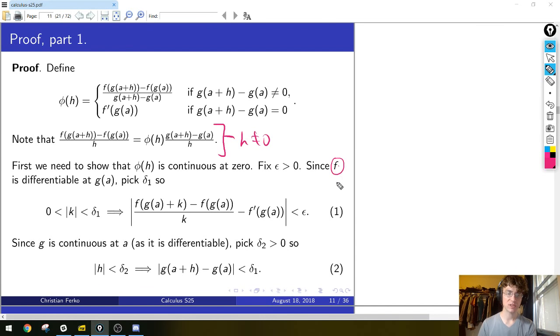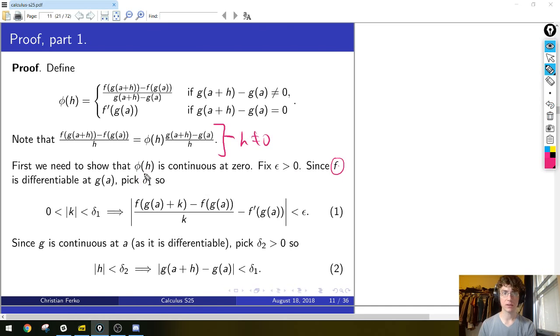If f is differentiable, then that means the difference quotient, which I've written here, as a limit exists, and its value is given by the derivative. So if the limit exists, then by definition, we can always find a delta given epsilon. So epsilon is handed to us. We've already fixed epsilon.